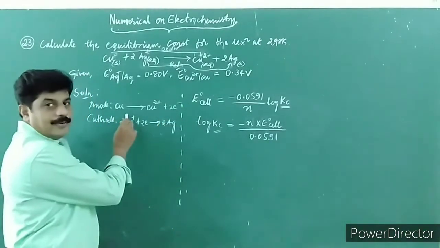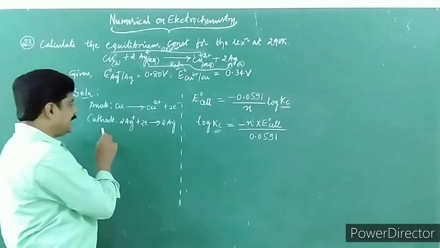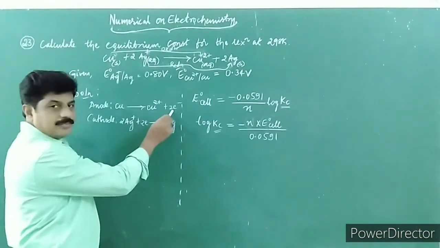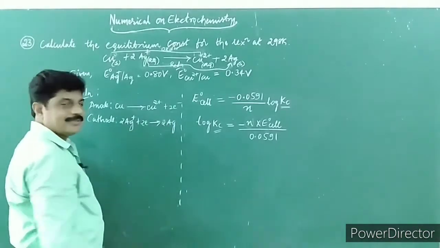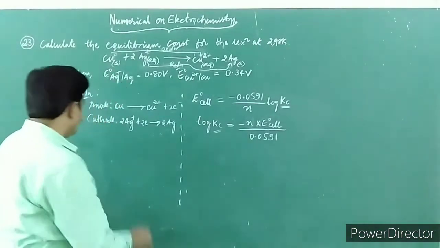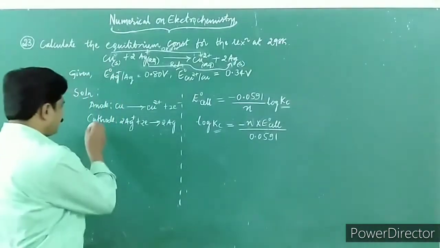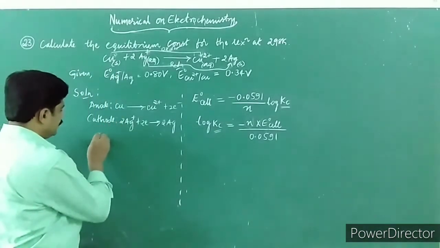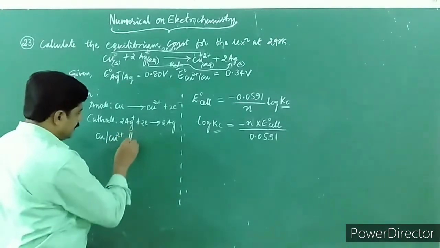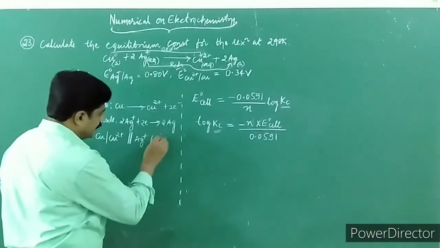At the anode, copper loses 2 electrons to form Cu2+ ions. At the cathode, Ag+ ions take up the electrons lost by the copper to reduce to Ag. Is it not? Now I can write the cell representation. Look here: Cu bar Cu2+, double bar, Ag+ bar Ag.